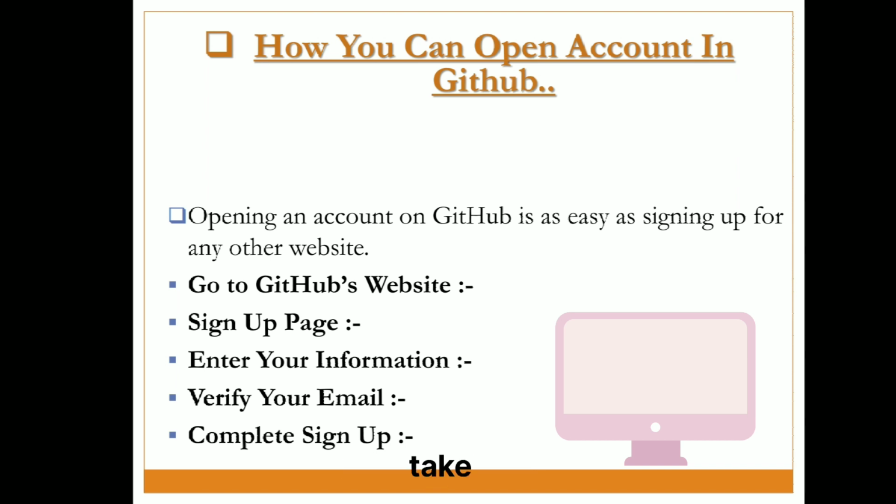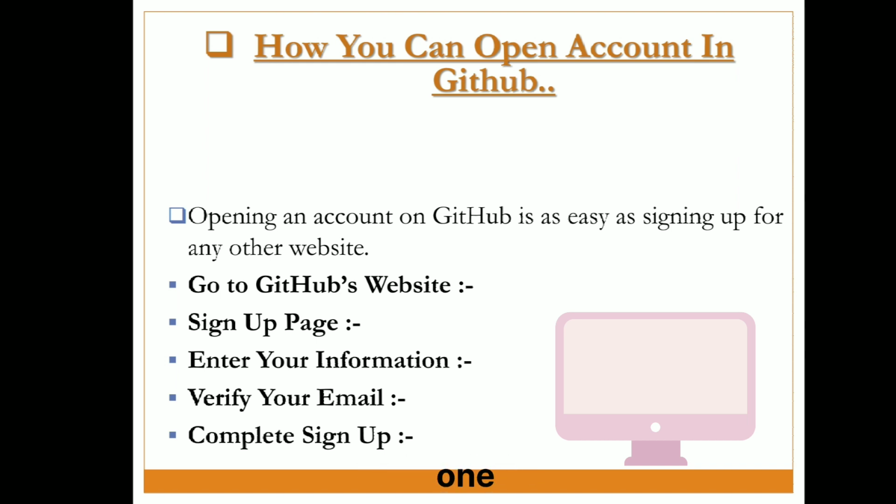The next one is enter your information. You will be taken to a sign up page where you will have to enter some basic information. The next one is verify your email. After entering your information, GitHub will send you an email verification to your email address. You simply have to check your inbox and click on the verification link provided by GitHub.